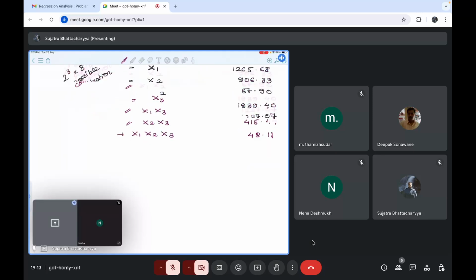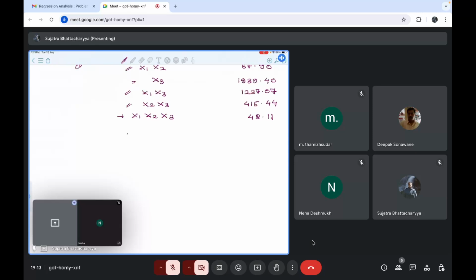So the first question based on this problem is: based on R_p square, that is, this is not the adjusted one, for the adjusted there will be a bar. This is the coefficient of multiple determination. Okay, R_p square. Which model do you prefer the most?